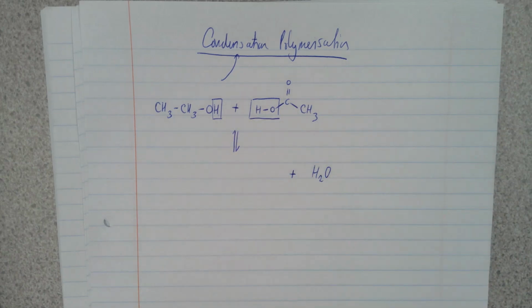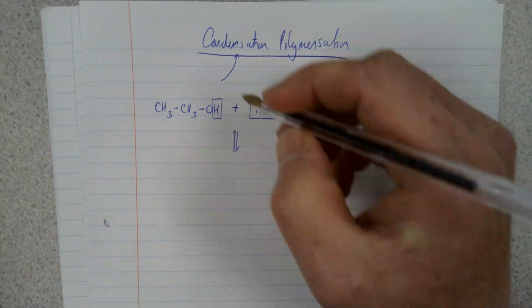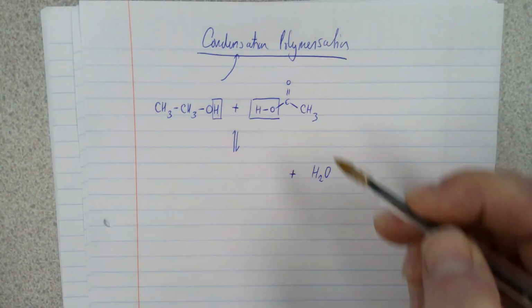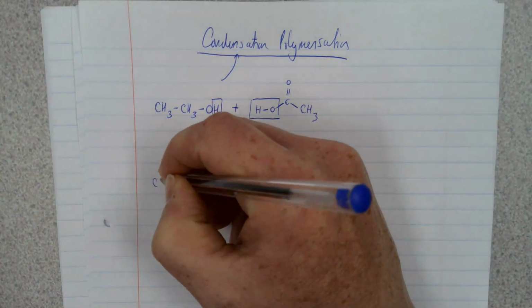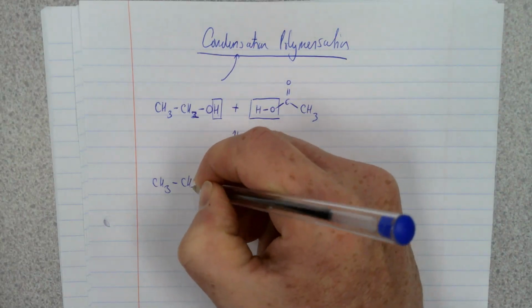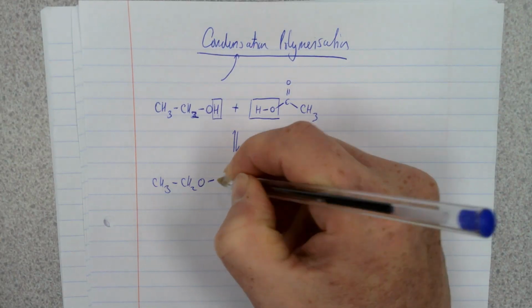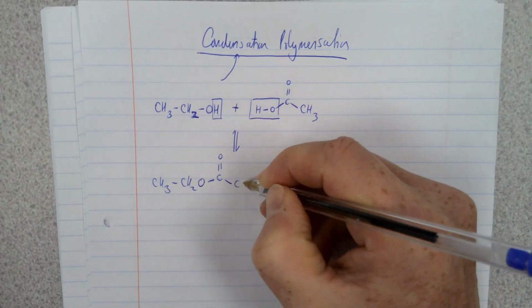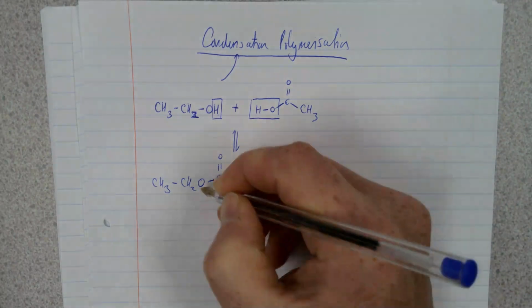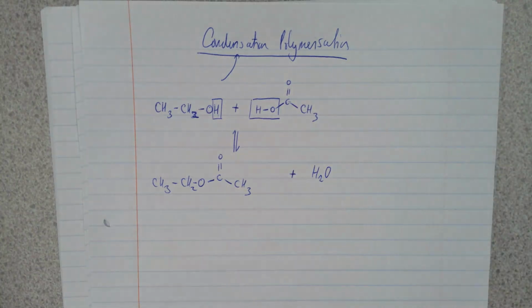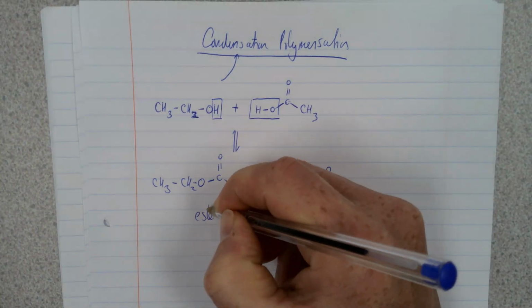And what happens is the oxygen now has only got one bond, so it clips to that carbon there, making an ester. There we go, CH3, CH2, O, clipped to that carboxyl group minus the OH. So that oxygen is bonded to that carbon, making an ester linkage.